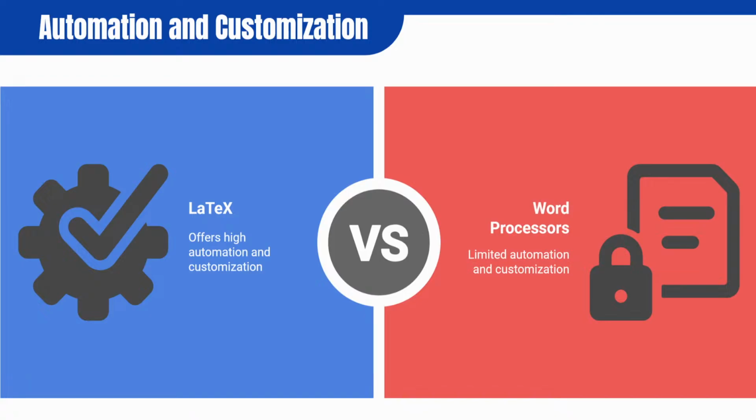With LaTeX, you are not just writing, you are programming your document. You define custom commands, create custom environments, and automate repetitive tasks, saving you significant time and effort, especially in long or complex documents. Need a consistent way to format theorems, tables, citations.